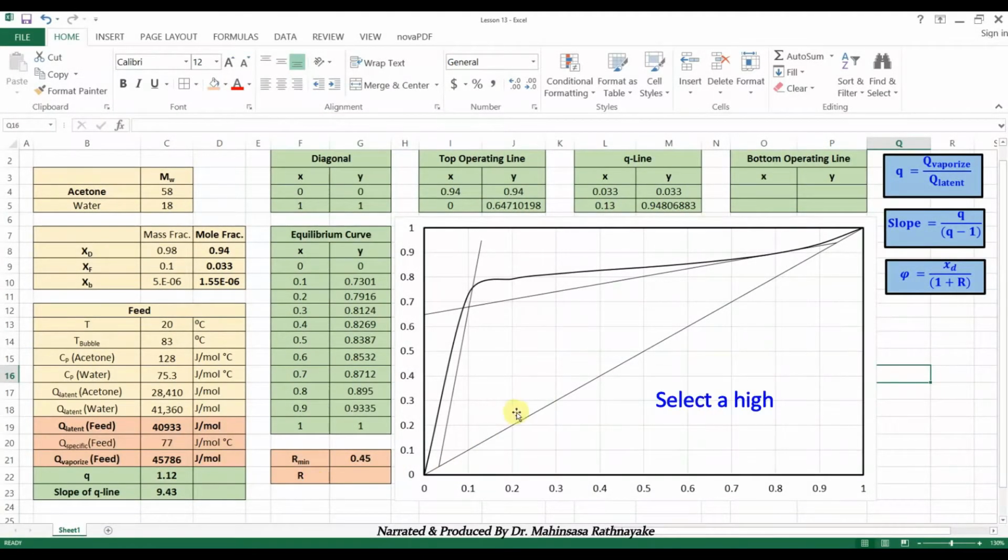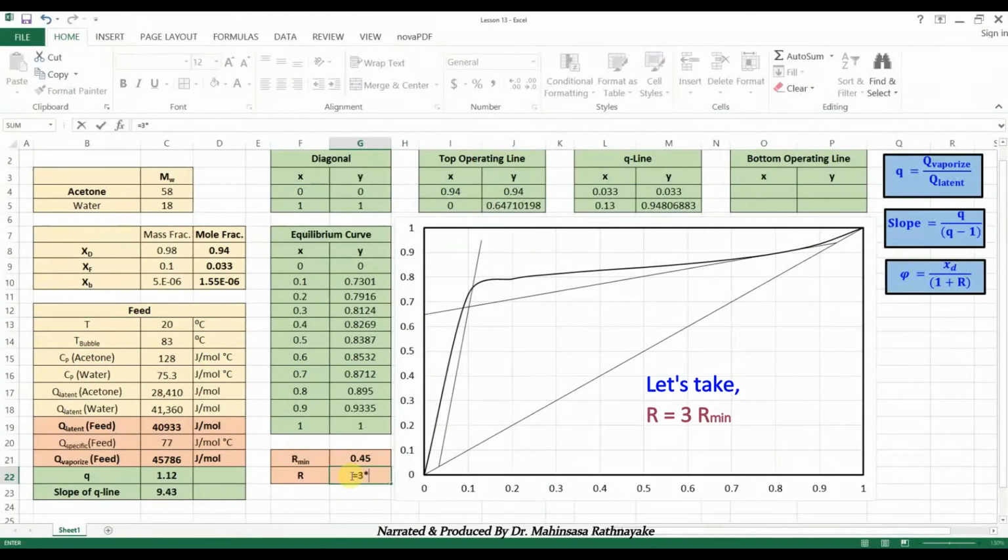For this problem, the flows above the feed point will be small. So a high reflux ratio can be justified to make the condenser duty small. So let's take reflux ratio is equal to 3 times minimum reflux ratio, that is 1.35.